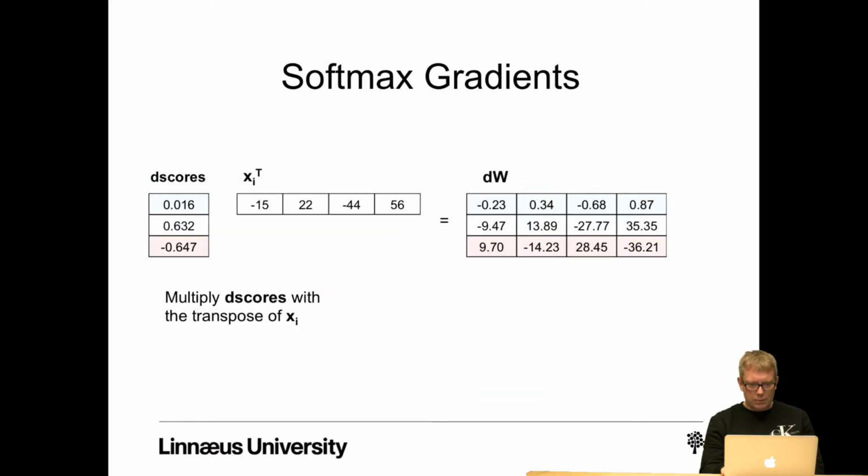And we then multiply the d-scores vector with a transpose of the training example. And now we get dW, that's the difference in weights, how the weights should change to move closer to the training example.